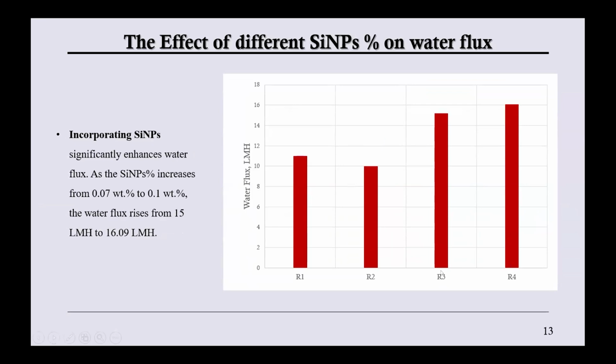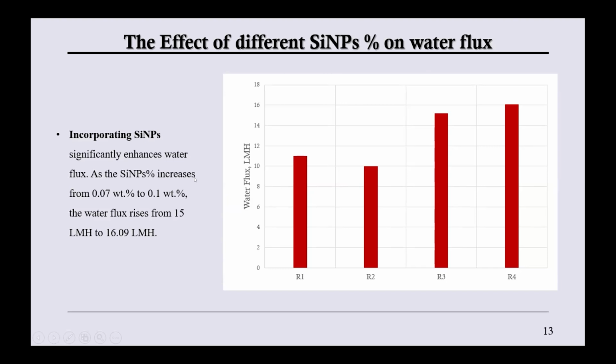As we see here, membrane R3, which contains 0.07% of silicon nanoparticles, had about 15 LMH. After we added 0.1% to the solution, the water flux increased to 16.09 LMH.